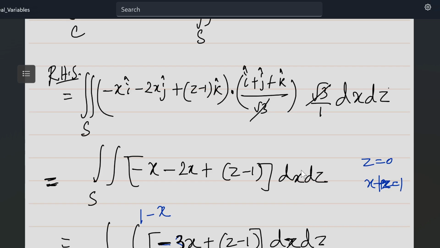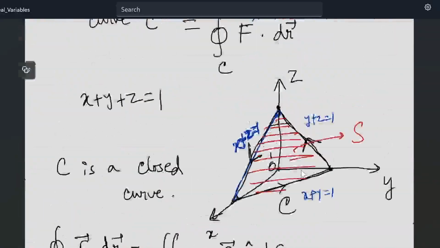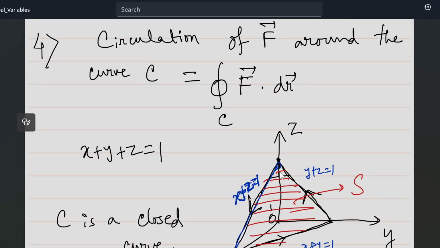Yes, sir. So tell me, z varying from 0 to 1 minus x. You understand? You have to visualize this thing because the graph is like this. Now you are taking projection in the xz plane, right? So z varies from 0 to 1 minus x and x varies from 0 to 1. Maximum value is 1. It is the point 1 0 0, na?